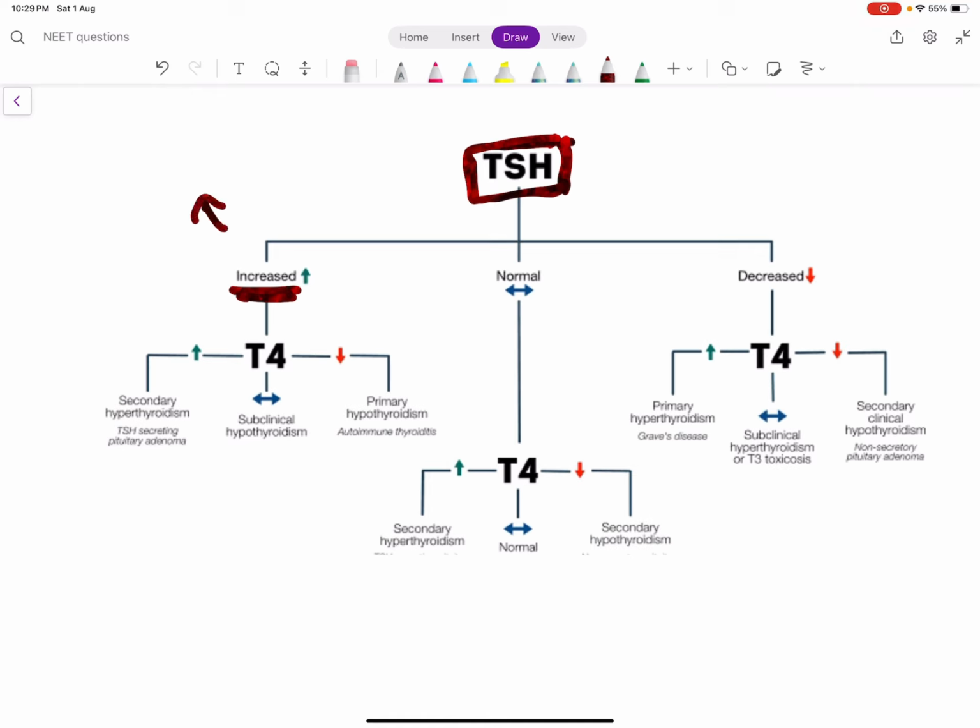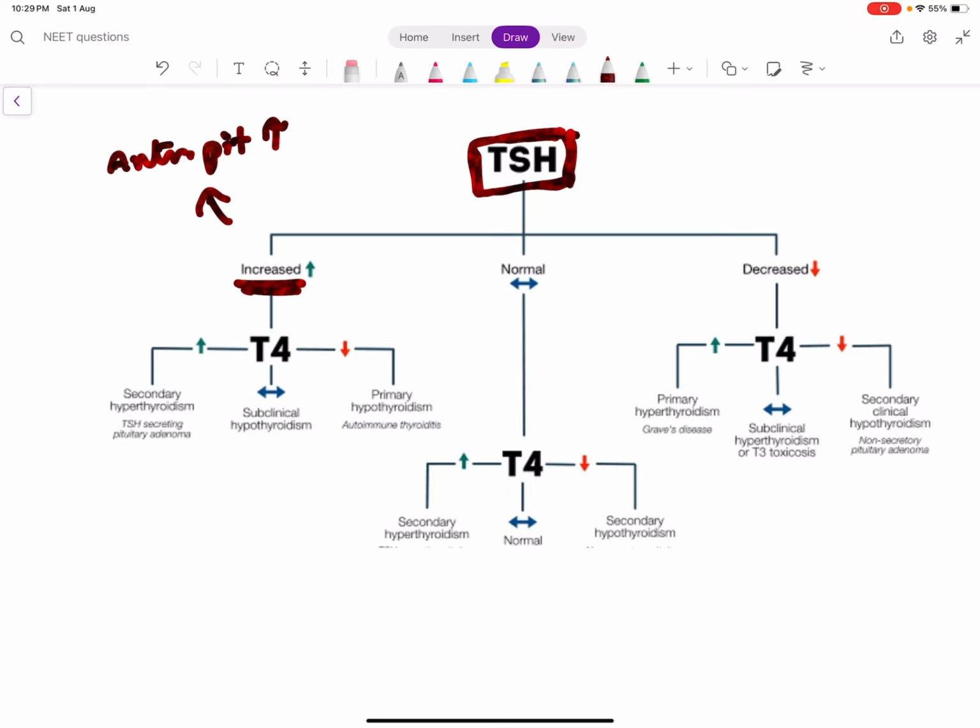Either the anterior pituitary is producing more TSH due to a hypersecreting disease in the pituitary, or the anterior pituitary is secreting more due to a feedback. So if TSH is high, anterior pituitary is definitely producing more. It may produce more due to feedback from the thyroid gland, or due to a disease.